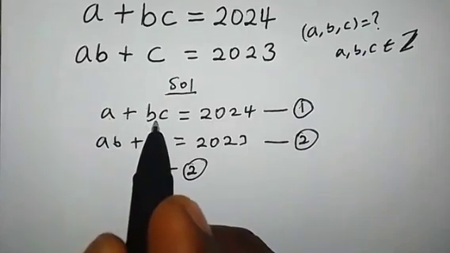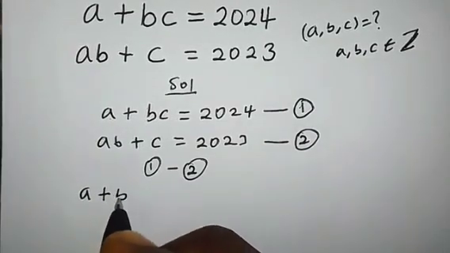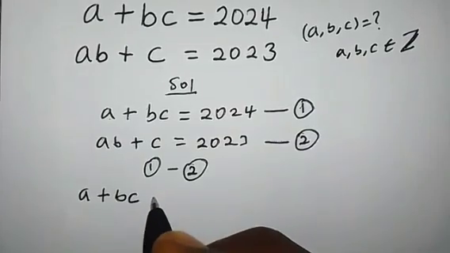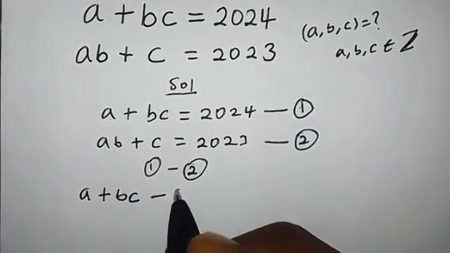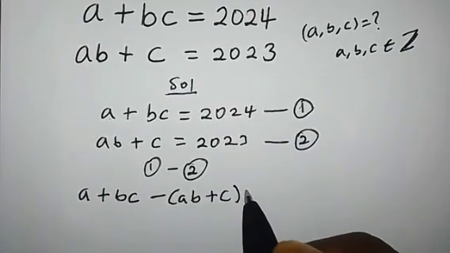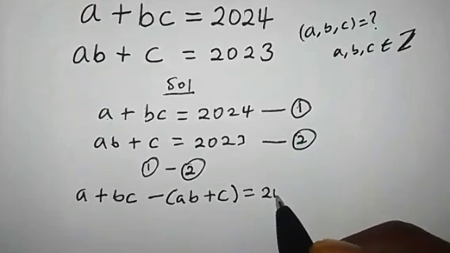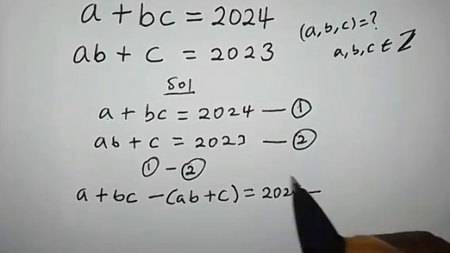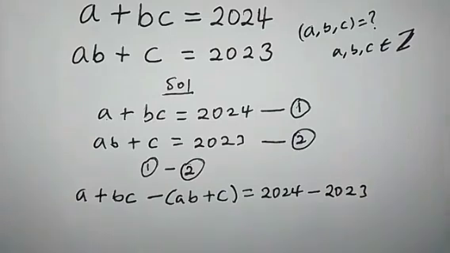The left hand side of equation 1, A plus BC, minus the left hand side of equation 2, AB plus C, equal to the right hand side of equation 1, 2024, minus 2023.